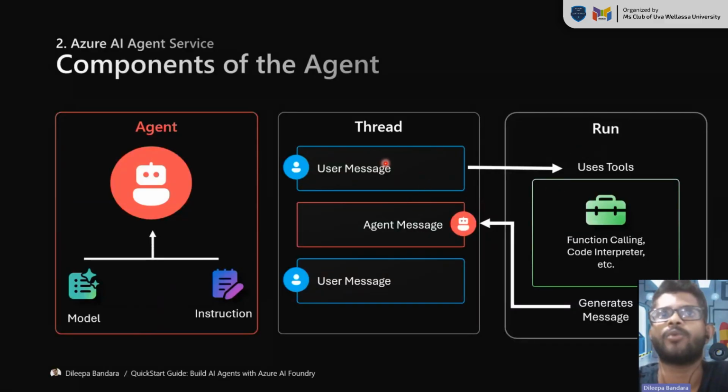In this example, as you can see on this screen, first we include a user message, then we trigger the run. Within this run, we actually include these tools, like function calling, maybe code interpreter. If you don't know about function calling, it basically means the same thing as when you are working with program functions, right? When we are programming, when we are doing small projects, we write functions, right?